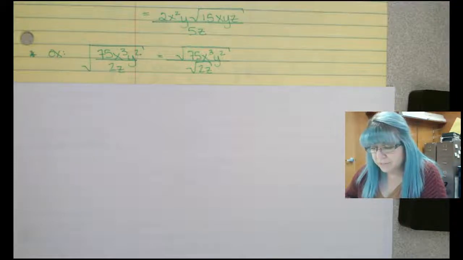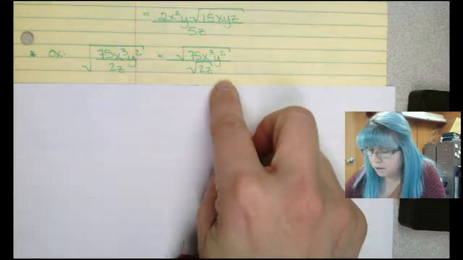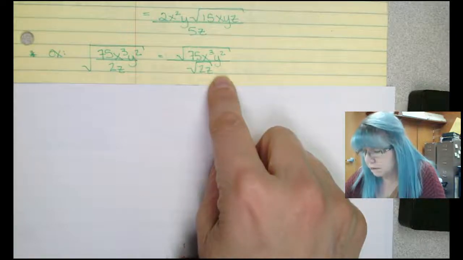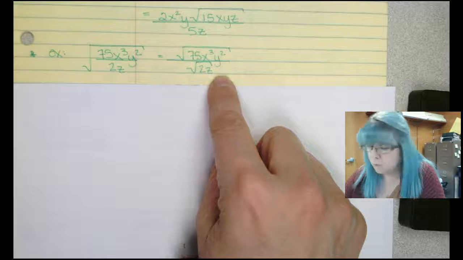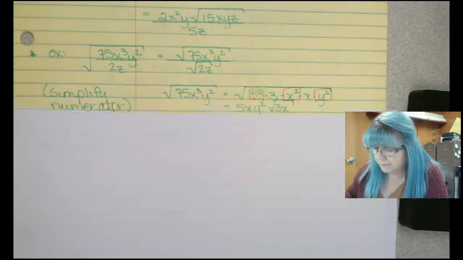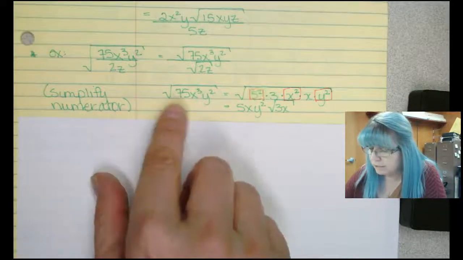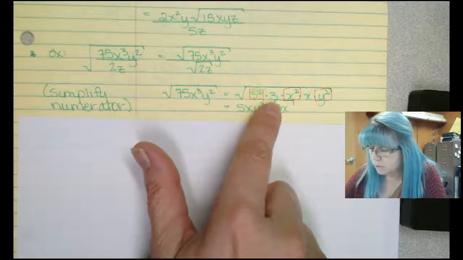The square root of 75 x cubed y squared all over 2z. Let's break it apart to where I have a radical in the numerator, radical in the denominator. First step, can I simplify the numerator? And indeed I can. So simplifying the numerator, 75 can be broken down into 5 squared times 3.